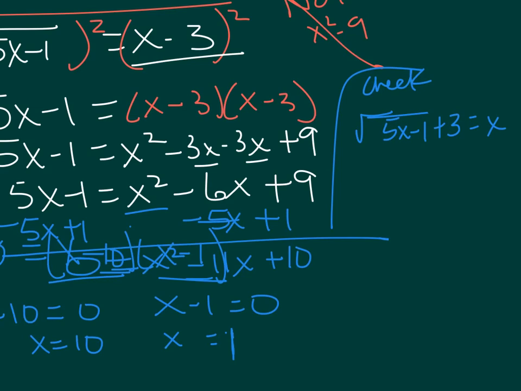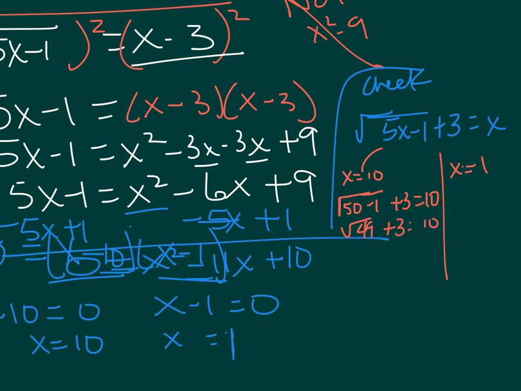I'm going to check that once where x is 10 and once where x is equal to 1. So I'm just going to simplify as I go. 5x is going to give me a 50, minus 1, plus 3 should equal that 10. So square root of 49 plus 3 equals 10. 7 plus 3 equals 10.